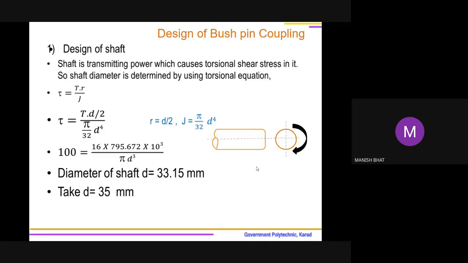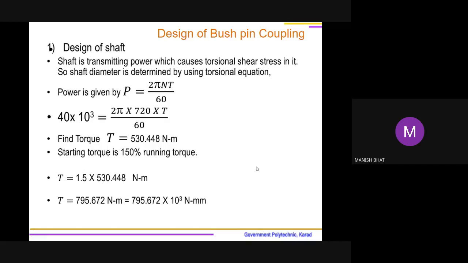We have calculated it is equal to 16 multiplied by torque. Torque previously we have calculated. So it is 795.672 multiplied by 10 raised to 3 upon pi d cube.